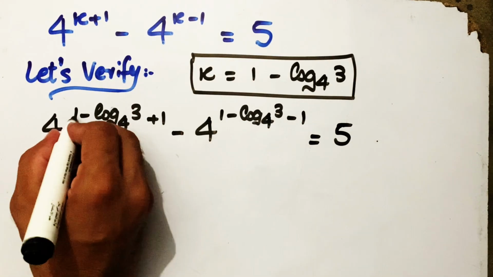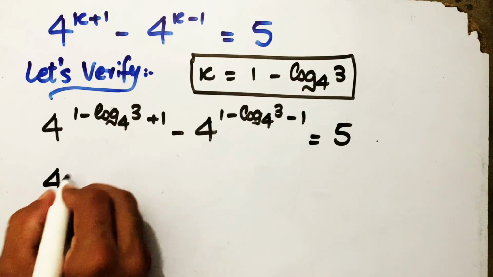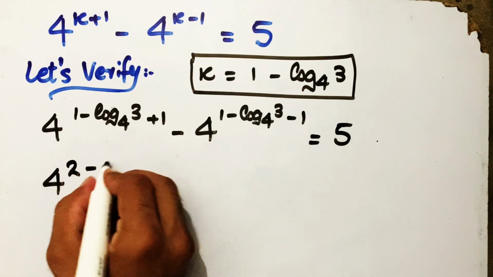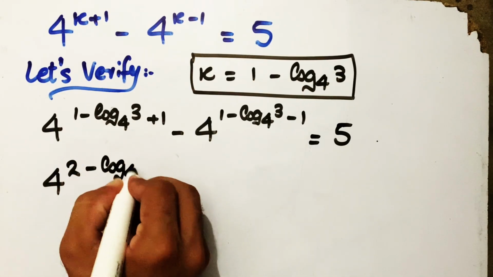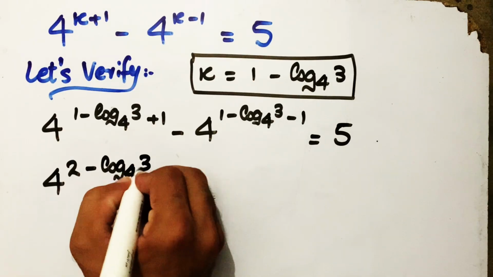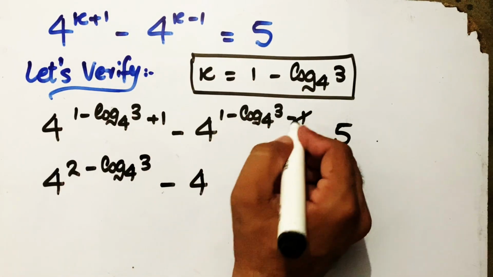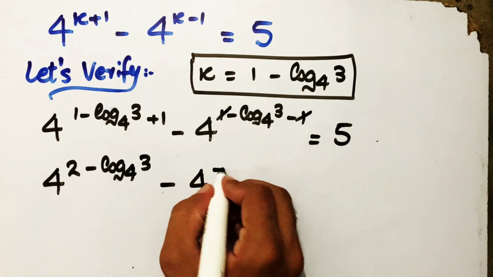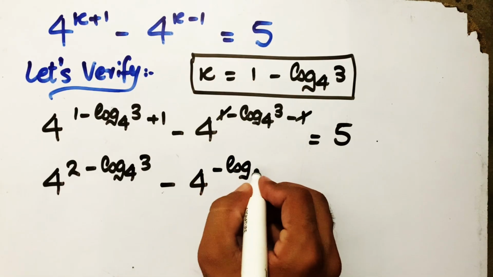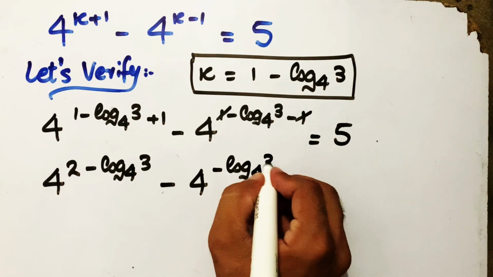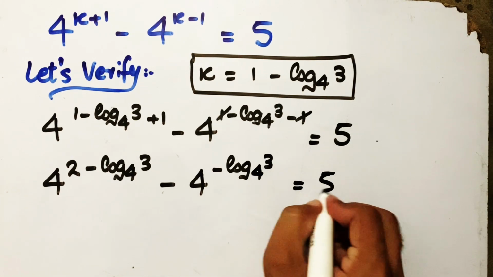So this is 1 plus 1, which becomes 2, minus log base 4 of 3, minus 4, and the plus and minus cancel, minus negative log base 4 of 3, equals 5.